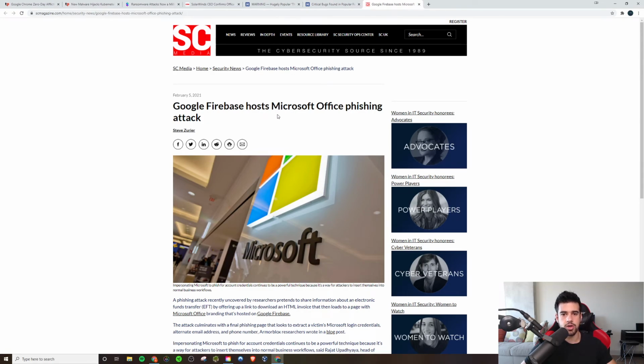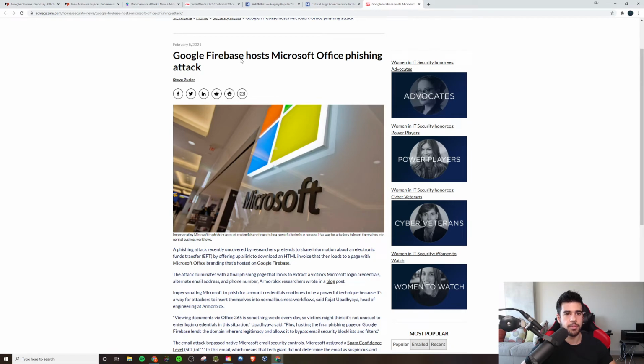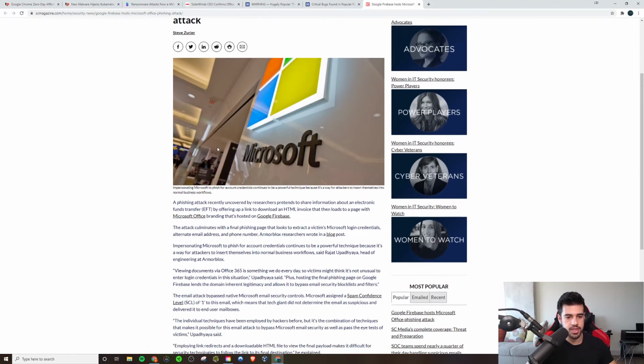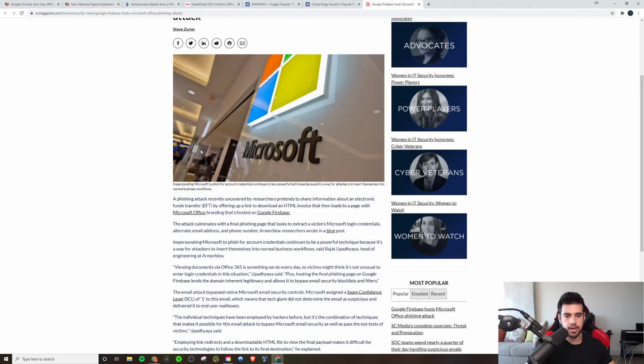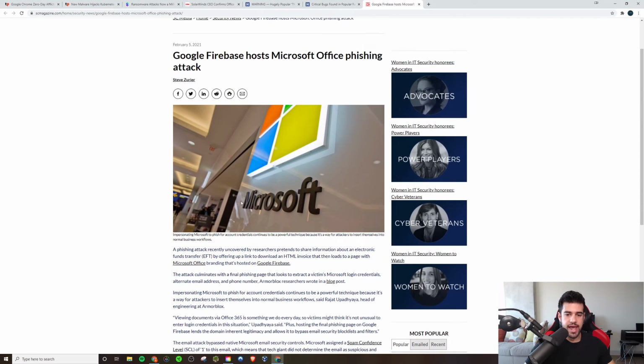But Google Firebase hosts a Microsoft Office phishing attack. Firebase is basically a development platform for Google apps for mobile, right? If you have a Google phone, if you want to start developing for Google phones, that's where you would create your app and put your app on their app store in Firebase. So basically, there's been a phishing attack where malicious developers are embedding a phishing page that tells you to log into your Microsoft account, and it looks legit.